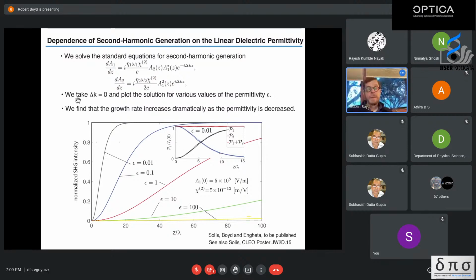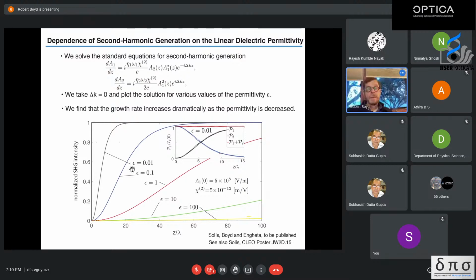For simplicity, we take delta K to vanish, and we just plot what we get. Here is the normalized second harmonic intensity, plotted as a function of propagation distance into the material. A typical case would be epsilon equal to 1, and we see that the growth rate is like so. But if epsilon is less than 1, say 0.1 or 0.01, we get a much more rapid growth rate.